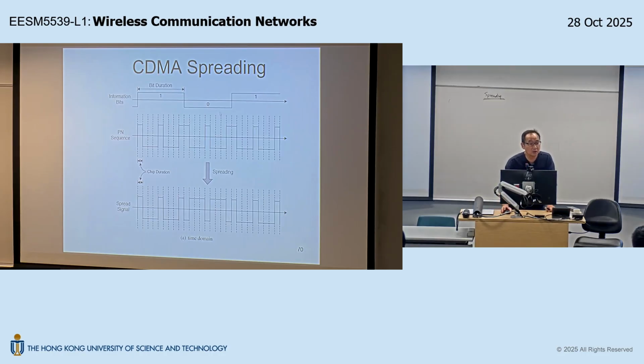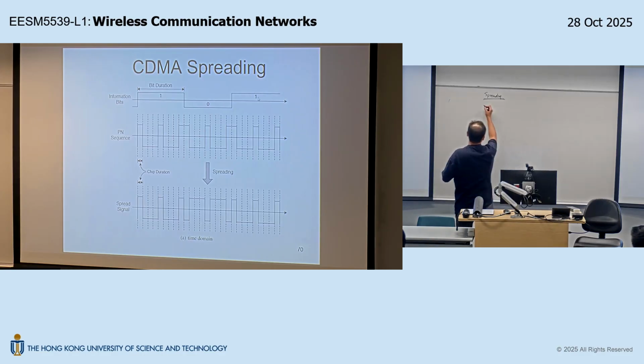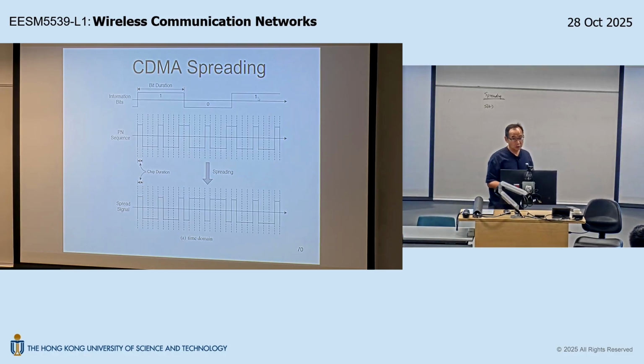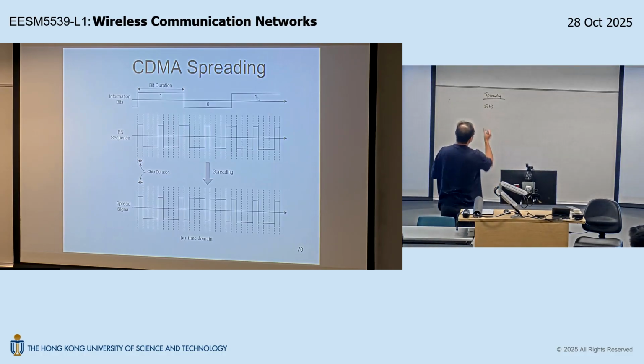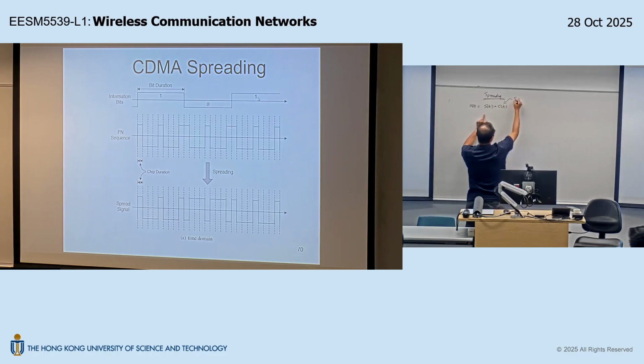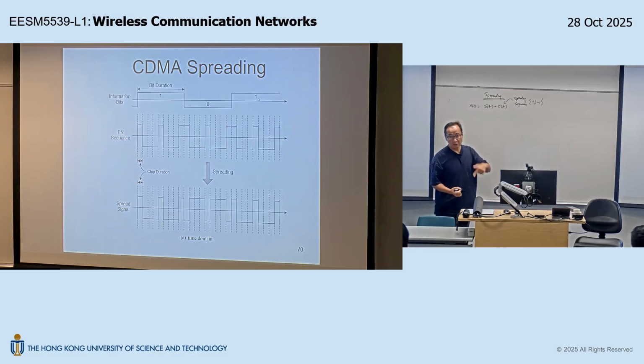Spreading is like this. Mathematically, let's say this information signal is called s(t). So this is the modulated symbols. Instead of transmitting this, what you actually transmit is this multiplied by what is called a spreading sequence, which is a sequence of +1 and -1. It can only take two values, either +1 or -1.